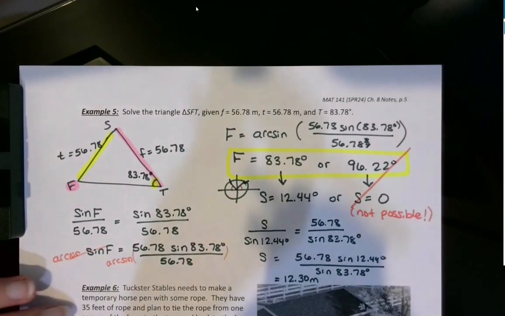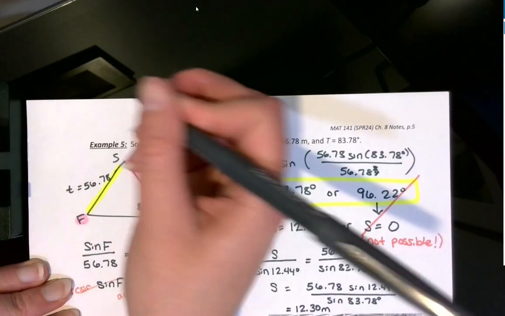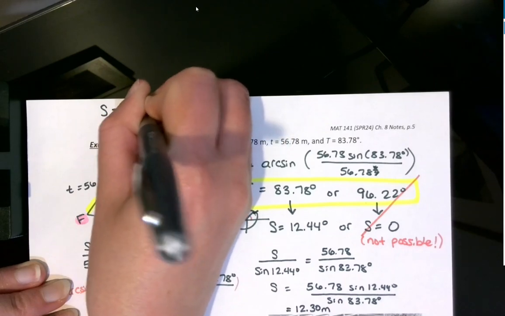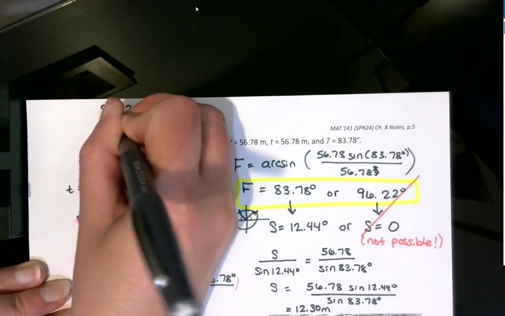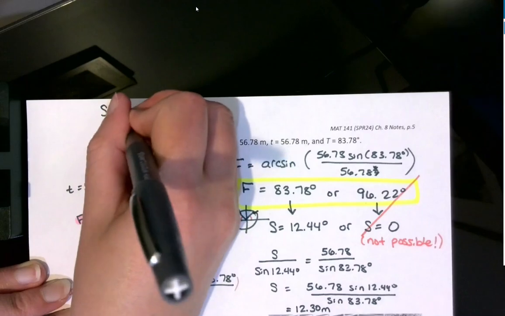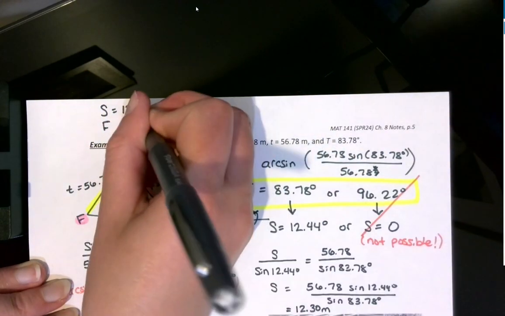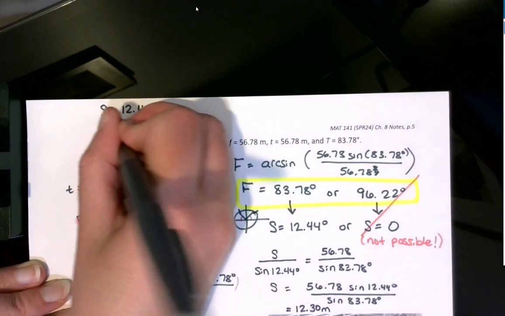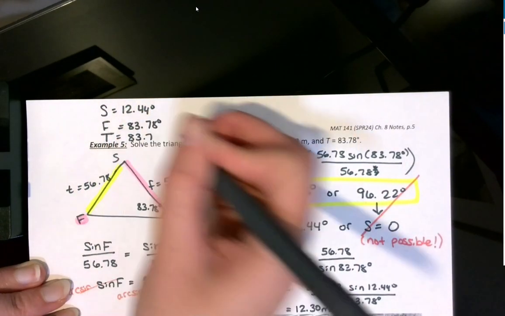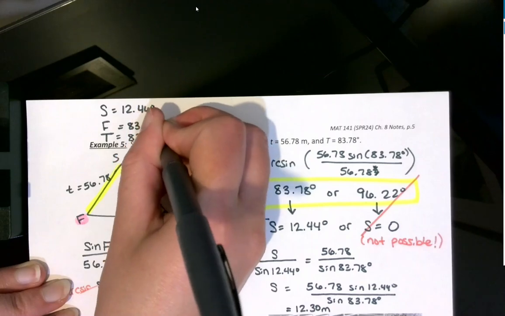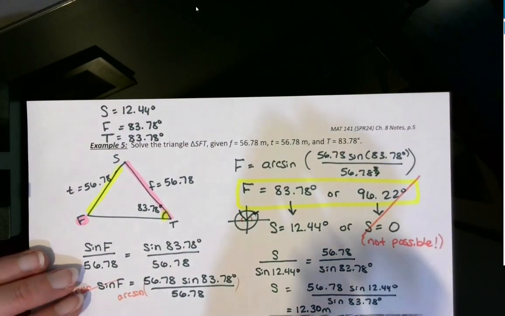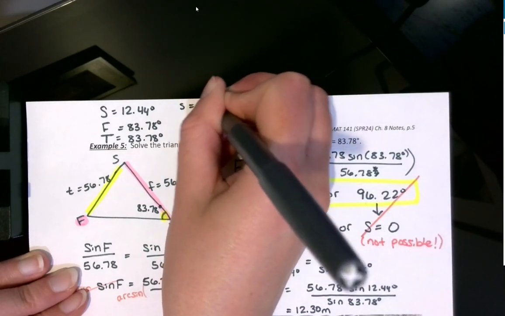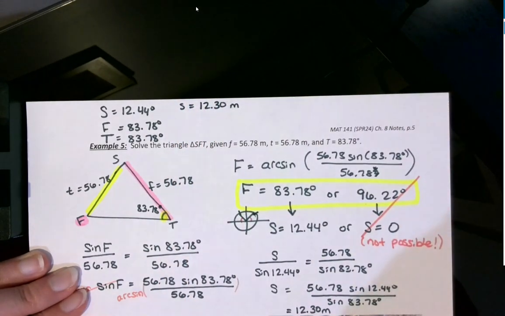For a conclusion, I'm going to go up top here. We had angle S equals 12.44 degrees. Angle F we found to be 83.78 degrees. And angle T was given as 83.78 degrees. Side S we found to be 12.30 meters.